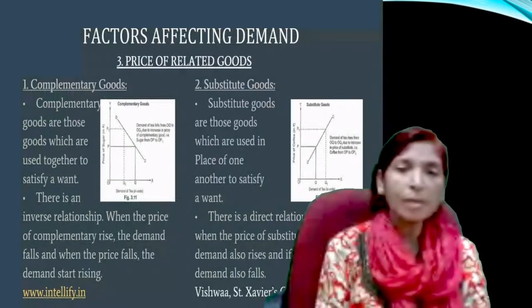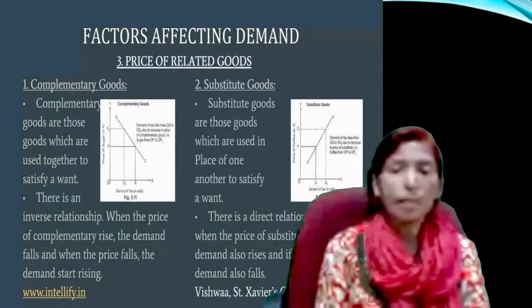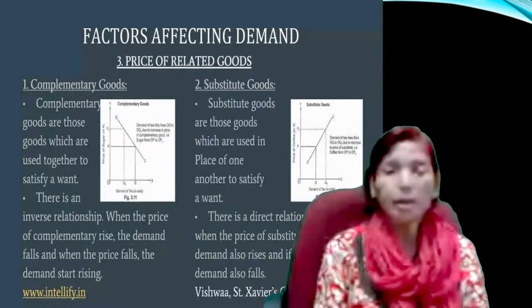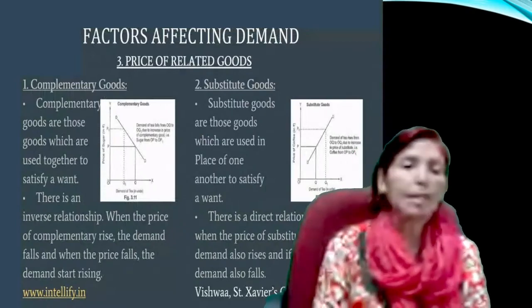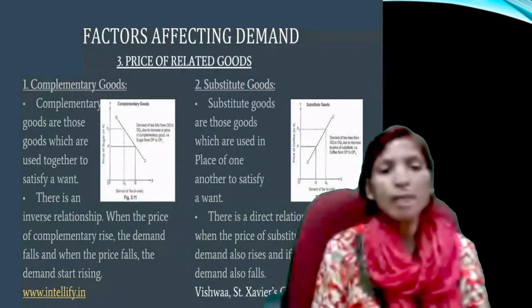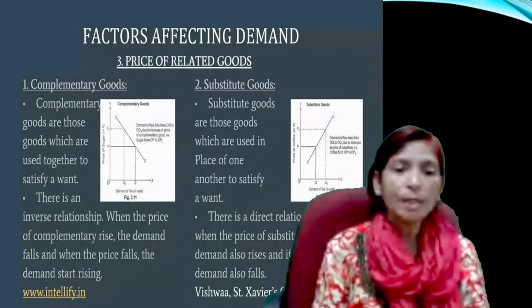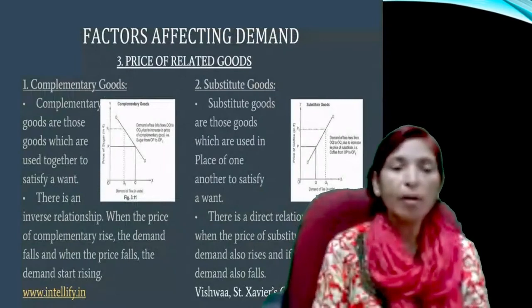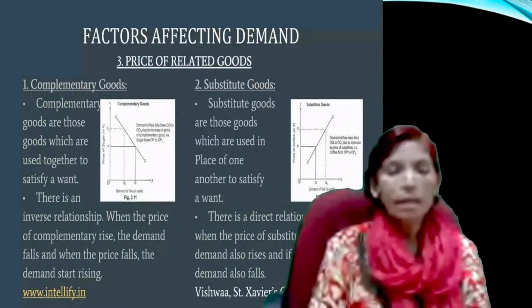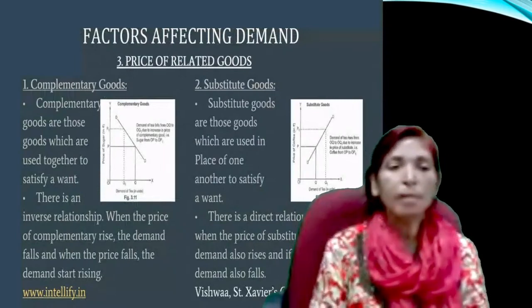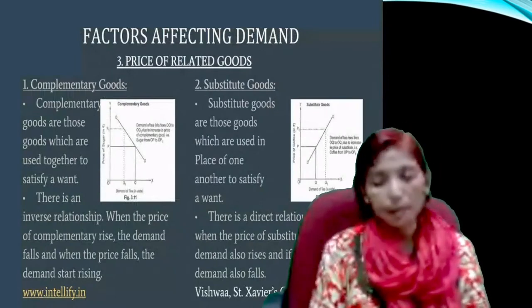If the price of coffee falls, demand for tea will fall. There is a positive or direct relationship. That's why the demand curve slopes upward. And in case of complementary goods, if the price of sugar rises, then demand for tea will fall. In this case, there is an inverse relationship and the curve will be downward sloping.